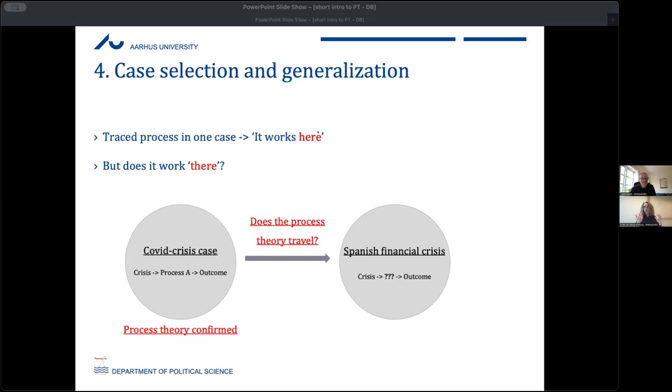You can essentially throw it out. What I would like to see generally is, if there's a particular scope condition, how does it come into the steps of the mechanism? How does it shape the entities and the activities they're engaging in? If there's no answer, then it's not a scope condition, because apparently it was irrelevant for the functioning of the mechanism and for the coming about of the outcome.